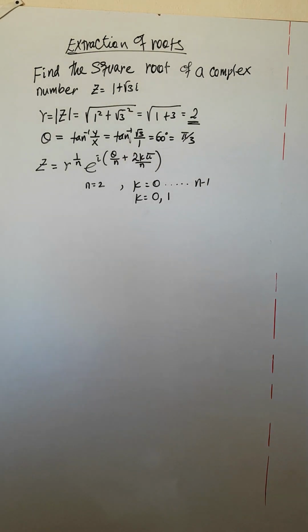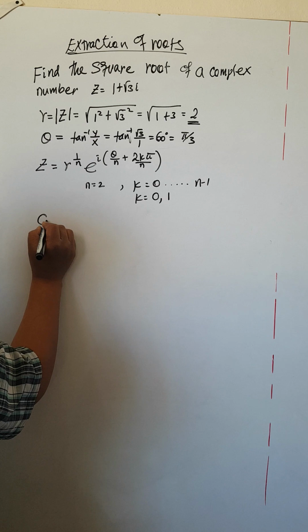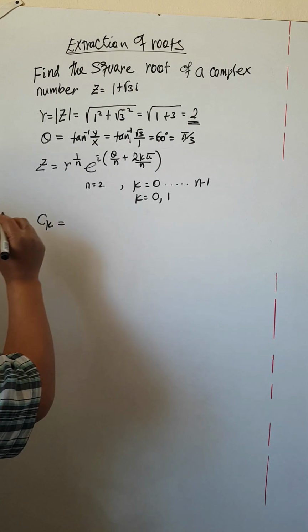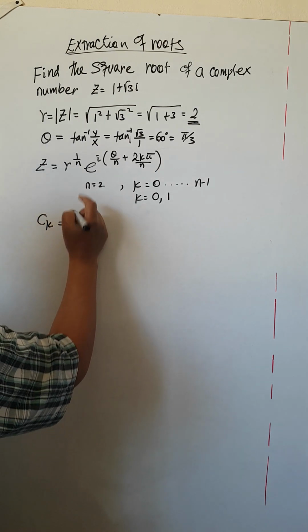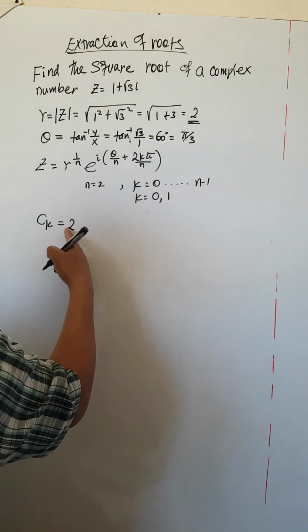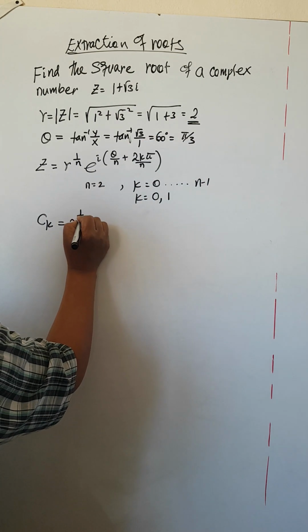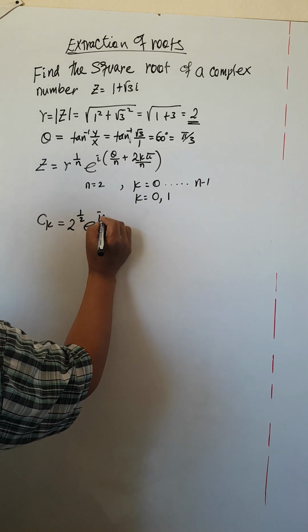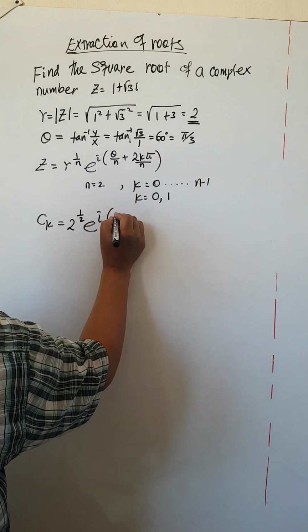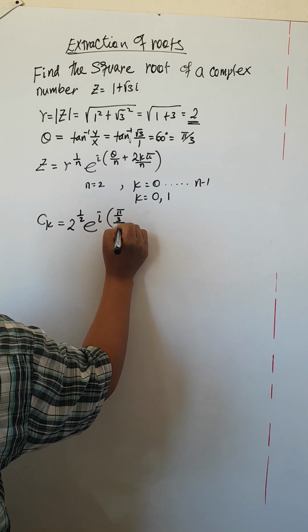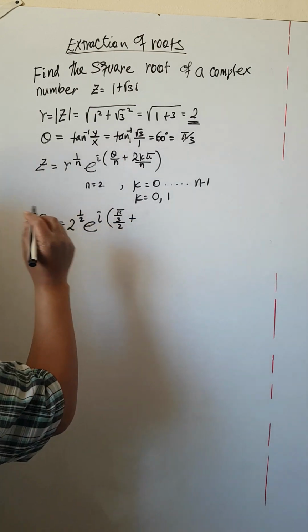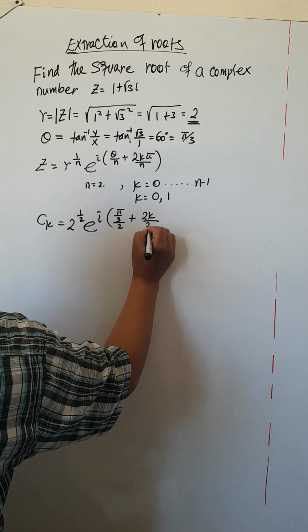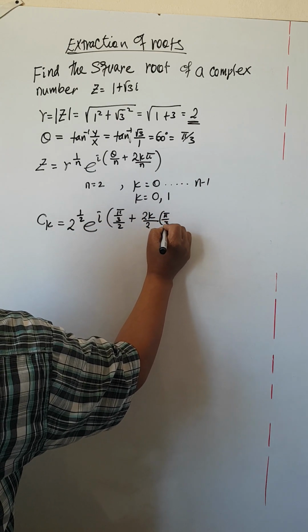Using this, we have the formula: ck is equal to 2 to the power of 1 over n, where r is 2 and n is 2, so 1 over 2, times e to the power of i times our angle pi over 3 divided by 2, plus 2k pi over n, which is 2 again.